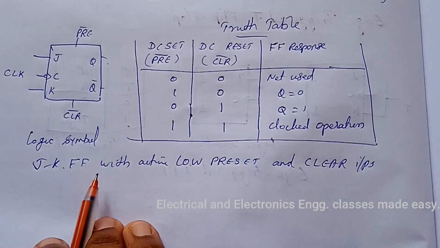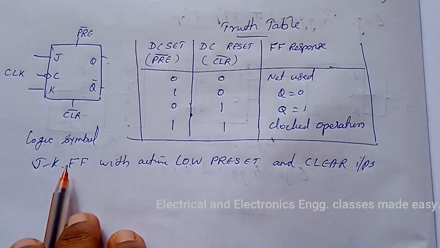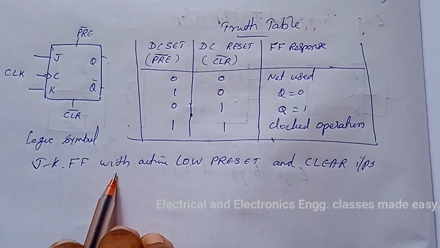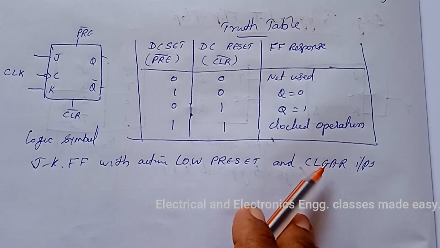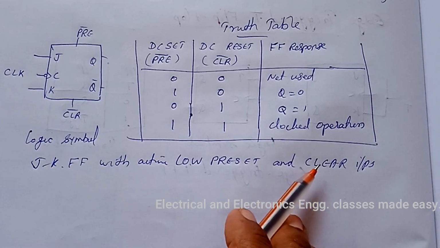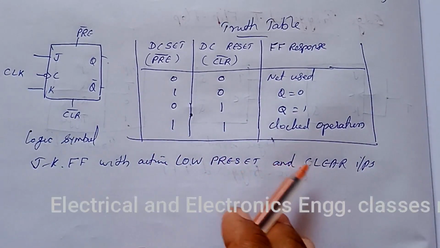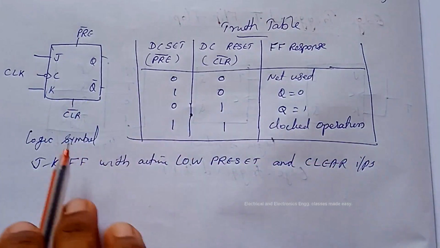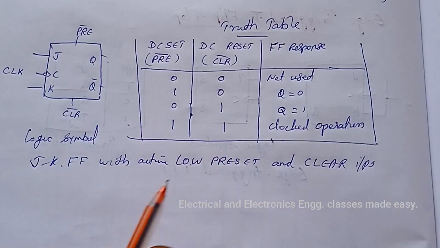Let us study the preset and clear operations in detail. For JK flip-flop with active low preset and active low clear inputs, this is the logic symbol and this is the truth table.